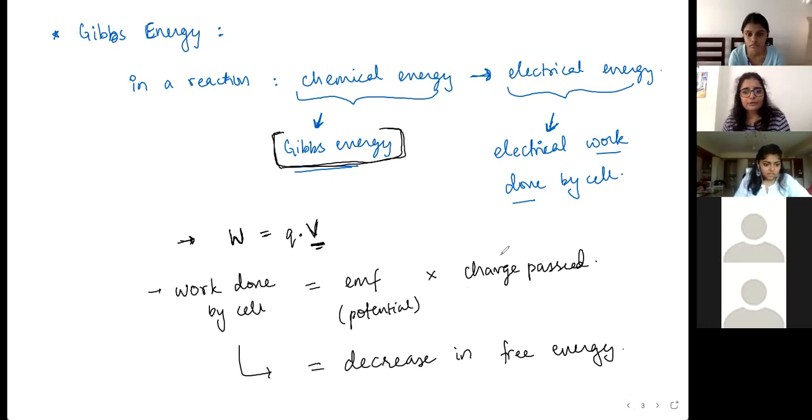EMF is your cell potential, so that will be E naught of the cell into the amount of charge passed. So in an electrochemical cell, how can you calculate how much charge is passed? Number of electrons into 1.6 into 10 raised to minus 19 coulomb. Correct.